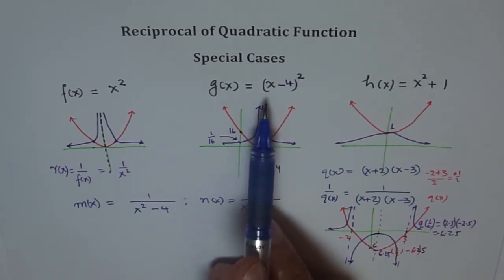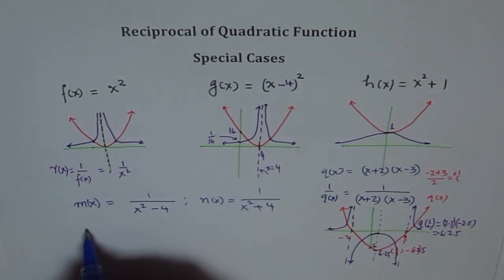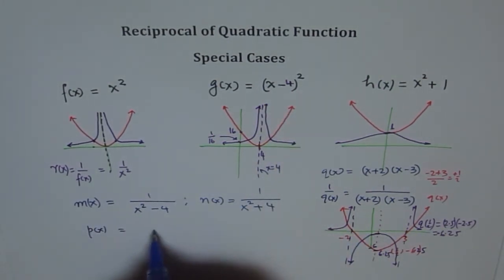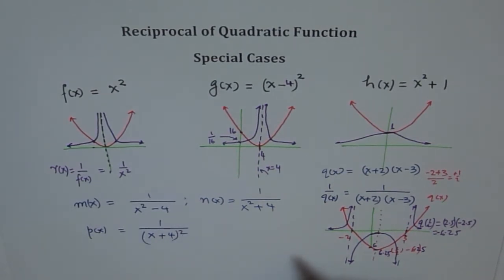We can also consider x minus 4 whole squared, right? You can consider this function also. p(x) equals 1 over (x plus 4) whole squared, correct? Let me write one more for you.